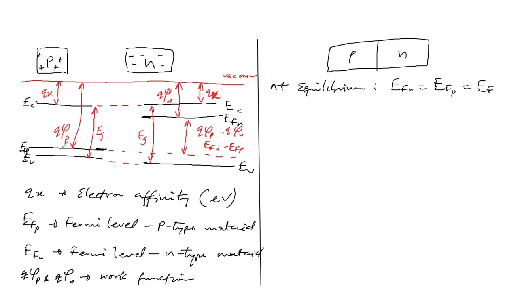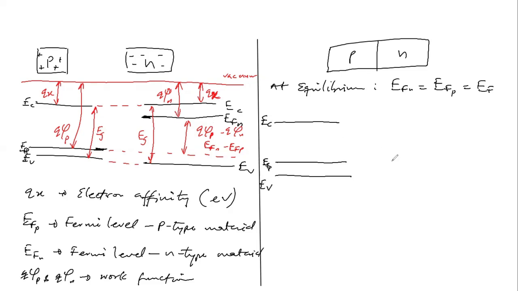So it means that the p-type band diagram will have to move upward relative to the n-type, or better still, the n-type band diagram will have to come down. So it means that we have this, for instance. This is EC, EF P, EV.